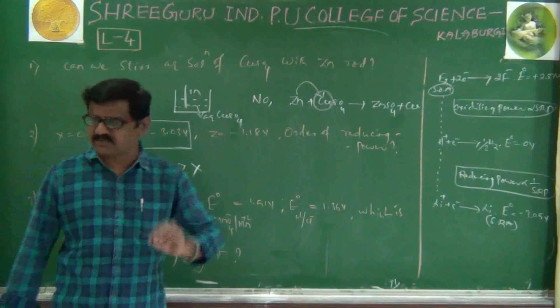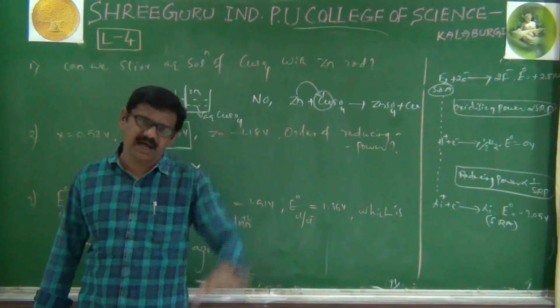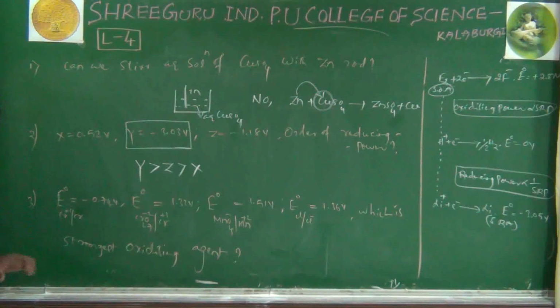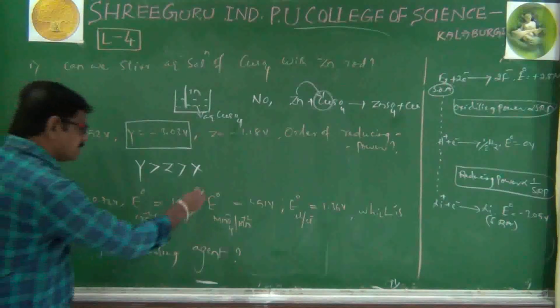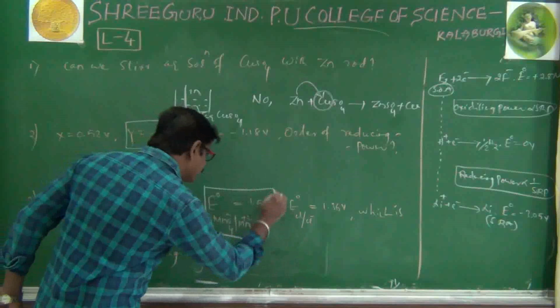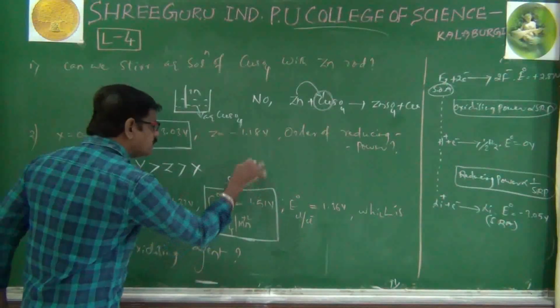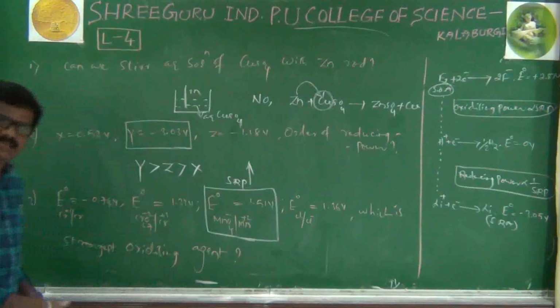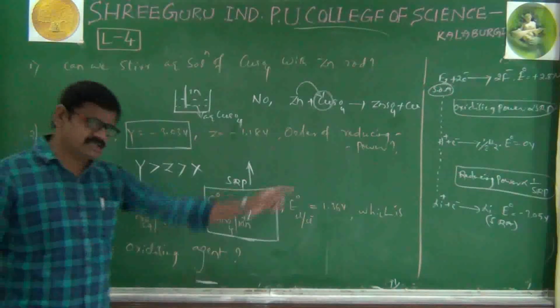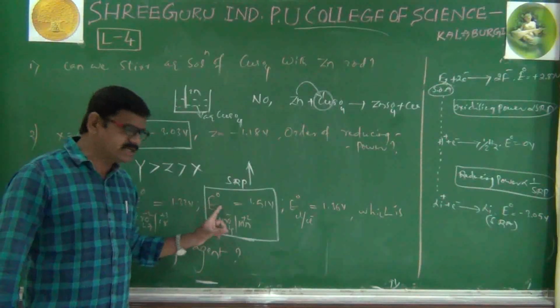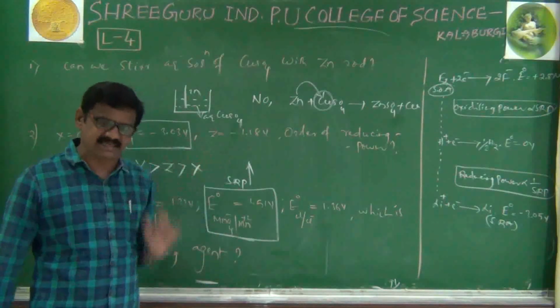For reduction, its SRP value should be high. Out of the given electrodes, whose SRP is very high? The E naught of MnO4-/Mn2+ has the highest SRP value, so compared with the others, this electrode undergoes reduction easily.